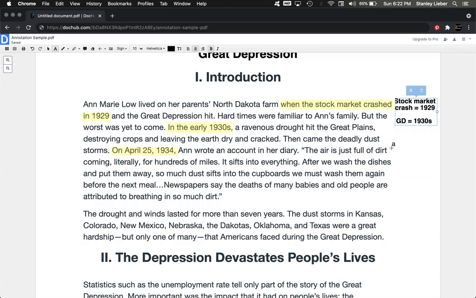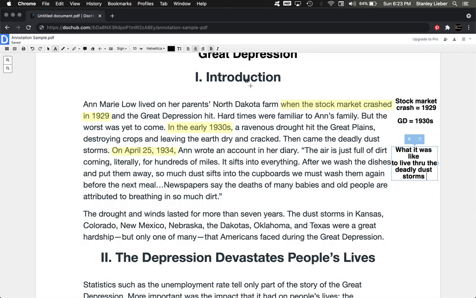So I'm just going to make myself a note for later: what it was like to live through the deadly dust storms. I might need this if I'm writing a paper and I want evidence later. I might want to just review it. Anytime we can think about what's happening to real people, how they experience this, it's really helpful to put things into perspective.